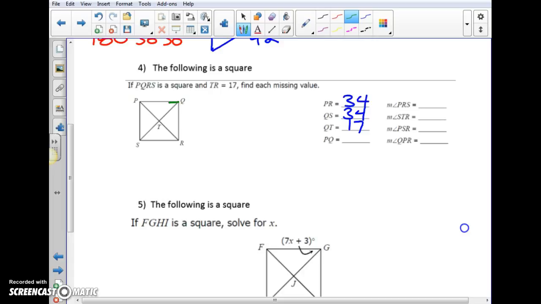Okay, so PQ is this. That's what I want to know. I know that this is 17 and that's 17. What's unique about squares and their diagonals is that they intersect in such a way that they are perpendicular, which means it makes a right angle. So in order to find PQ, I'm just going to pull this out.